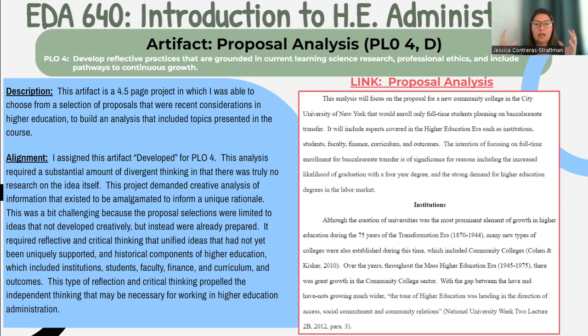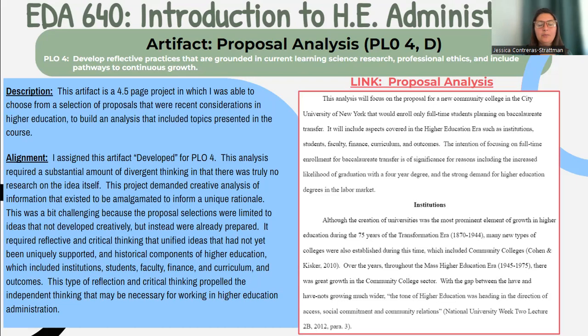I had to kind of blend and amalgamate this data I had from the course with my own ideas. So it required a lot of critical thinking and creative analysis. It was challenging in the beginning, but once I got going and got into the ideas that I was bringing together, it got a little easier throughout.